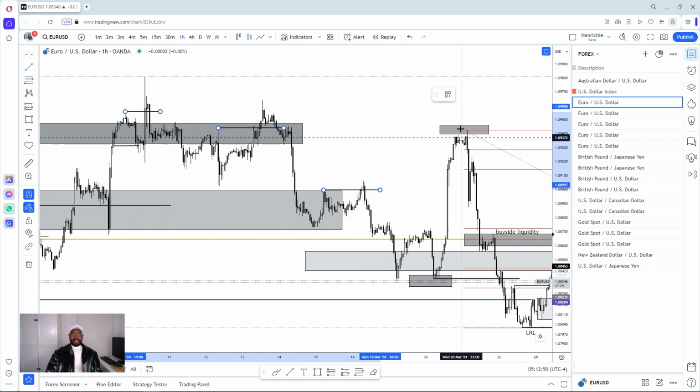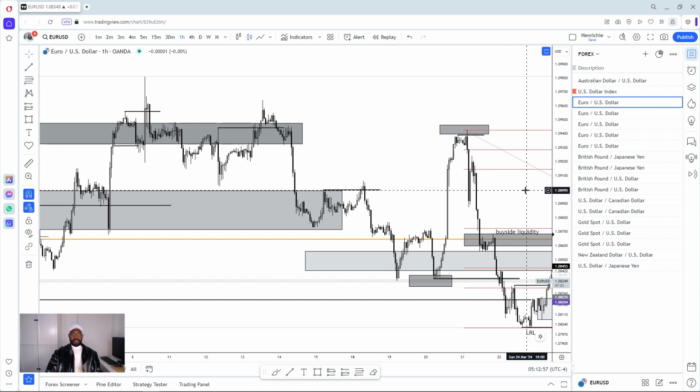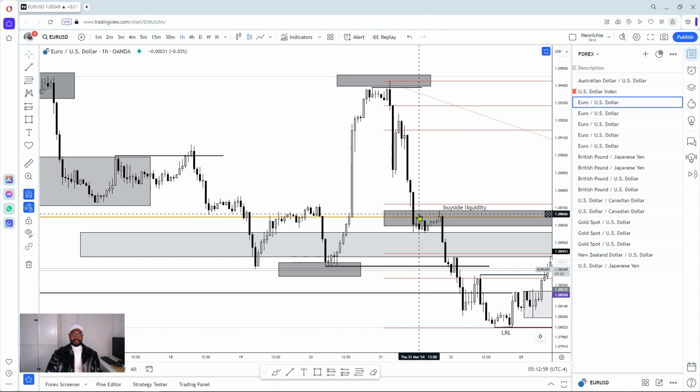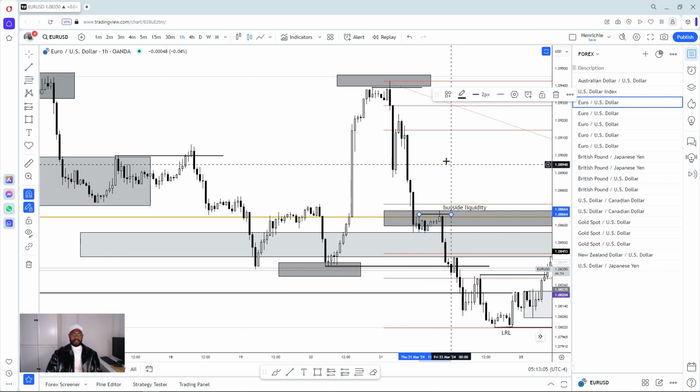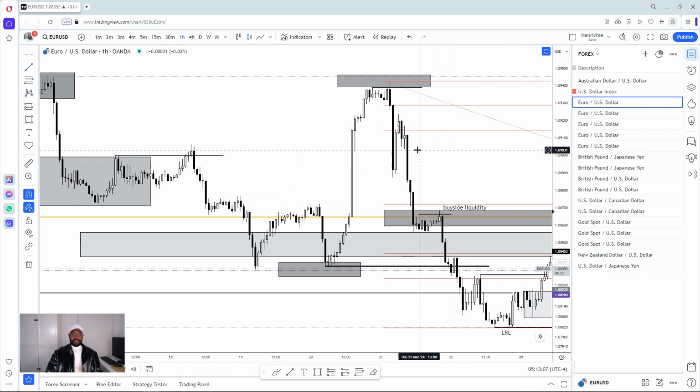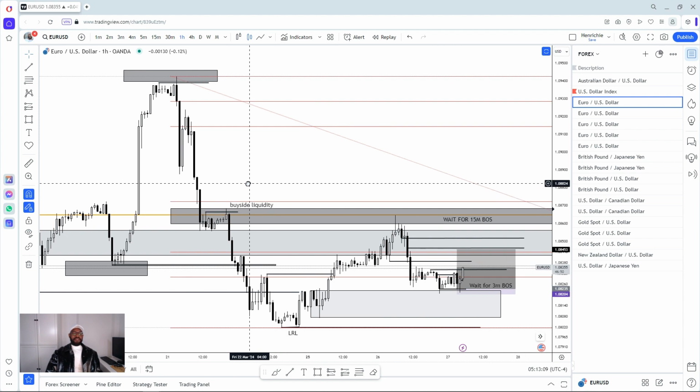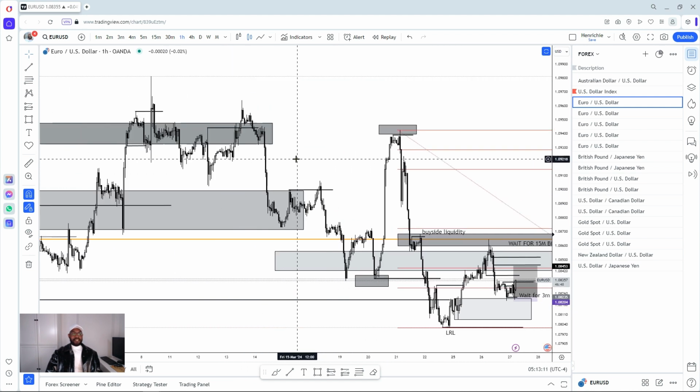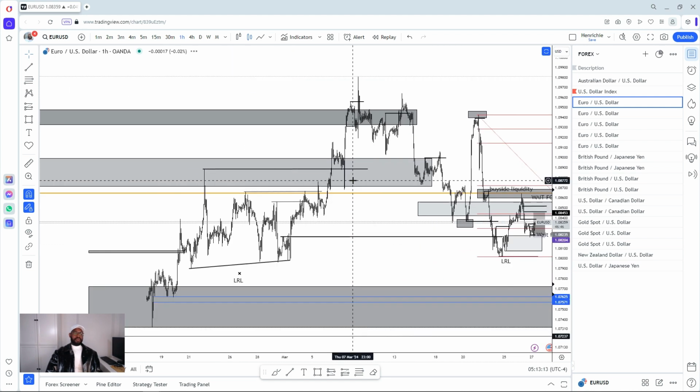Even here, high, low, high, took liquidity again, took liquidity, dropped. So every single high takes liquidity before a drop.